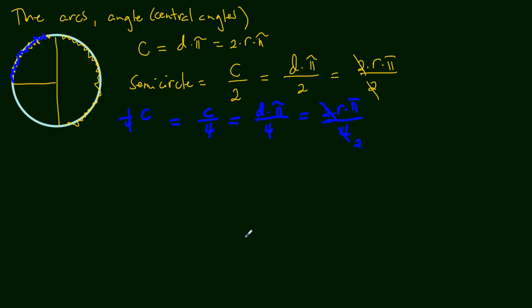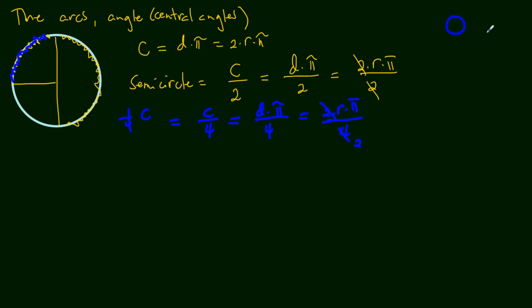So as you can see here, the whole circle has a circumference of the diameter times pi. The semicircle is half the circumference of the circle. The 1/4 is just 1/4 of the circumference of the circle.